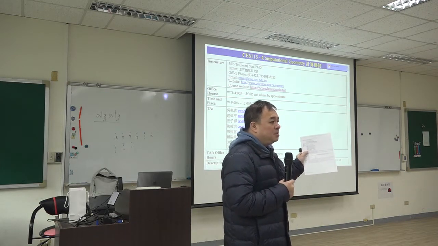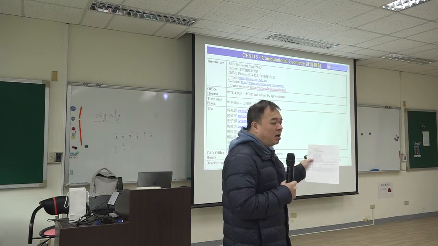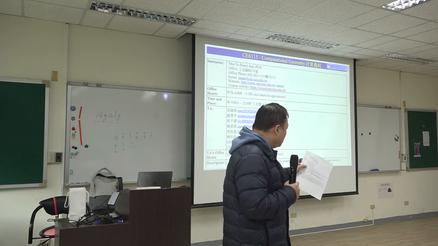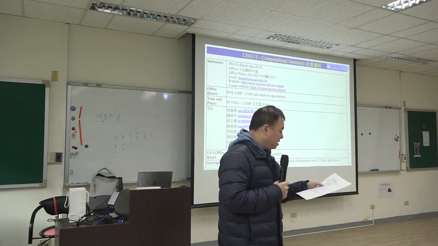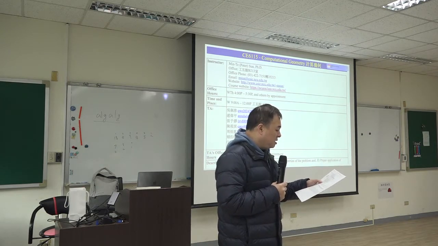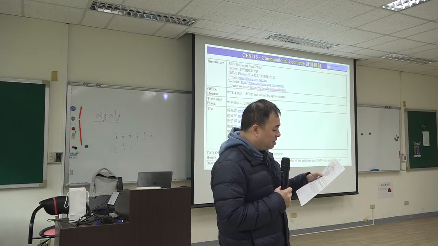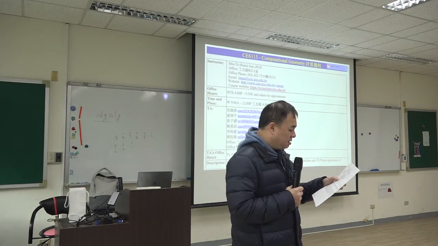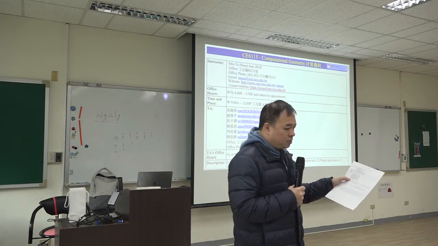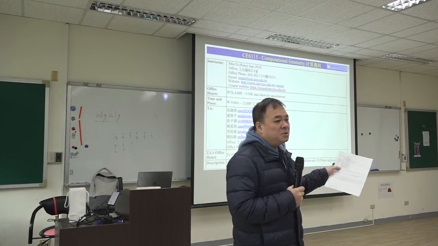By the way, if you want to reach me during my office hour, that information is there for me as well. As I already told you, it's B322, and you can also reach me by the lab phone number.